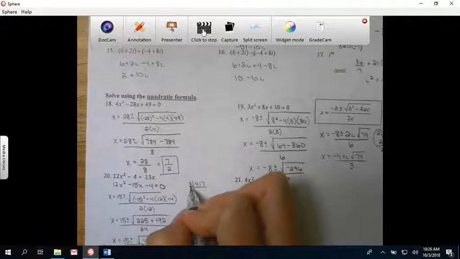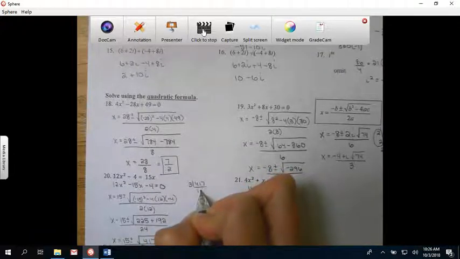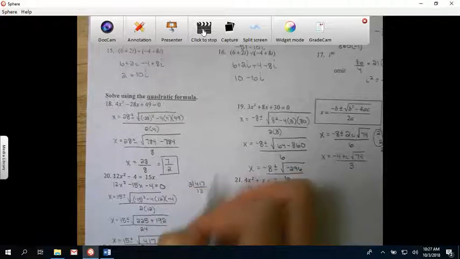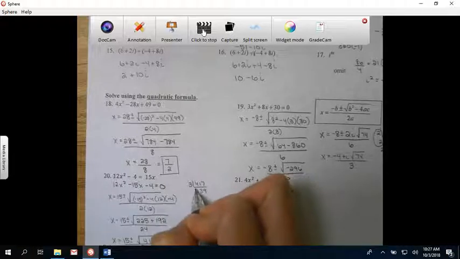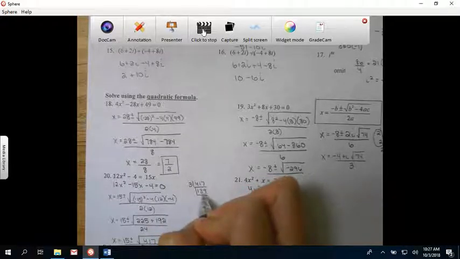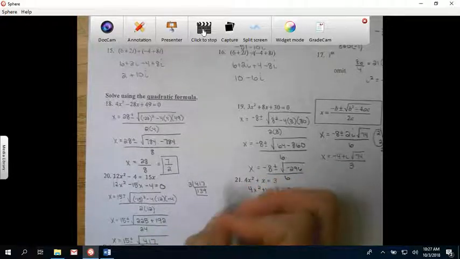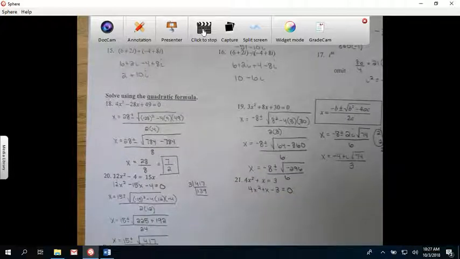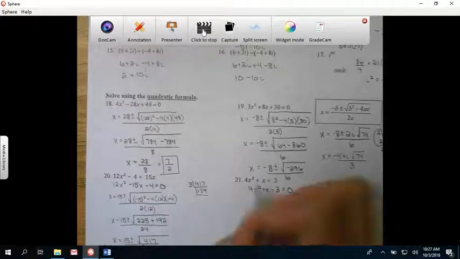That gives me 139. And I don't think 139 is divisible by anything. Nope. So I don't think I can actually break that one down any further. That is going to be my answer.